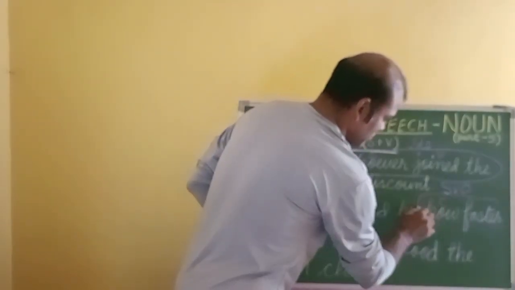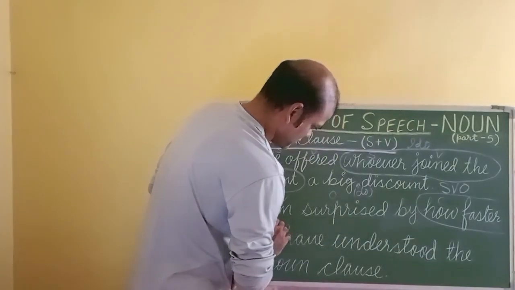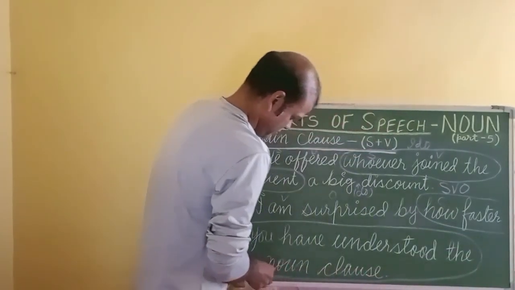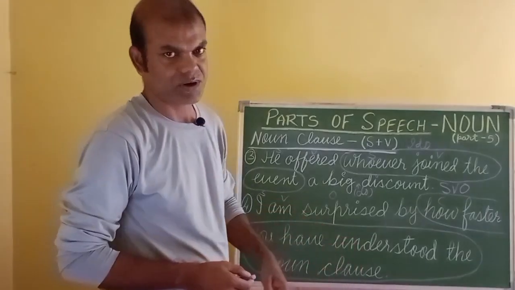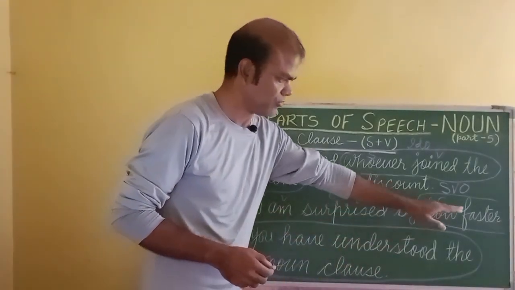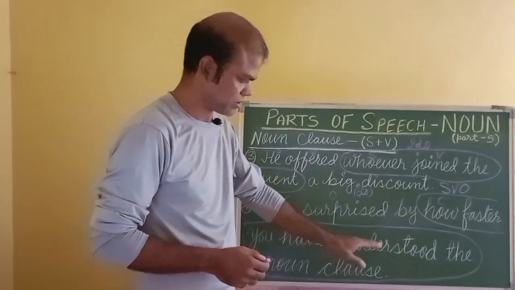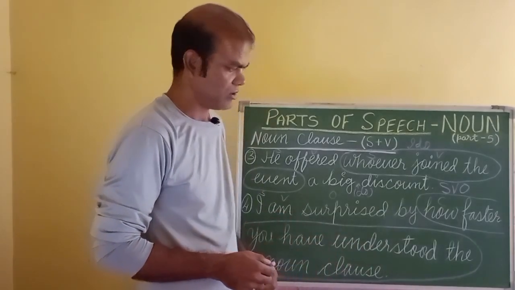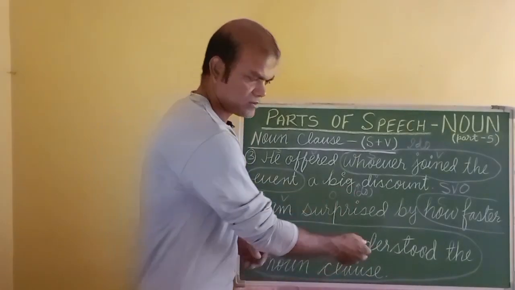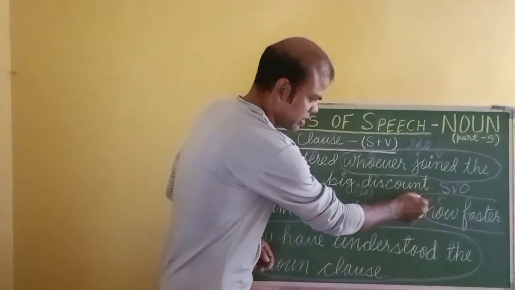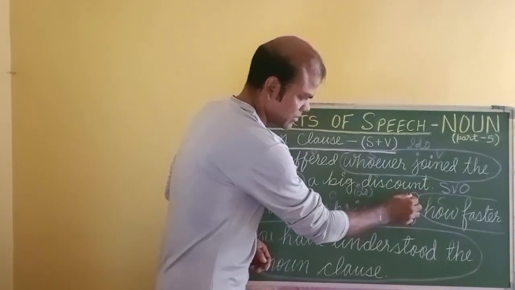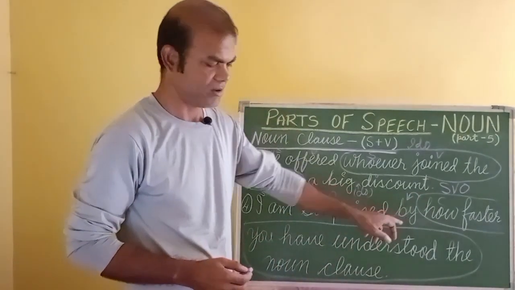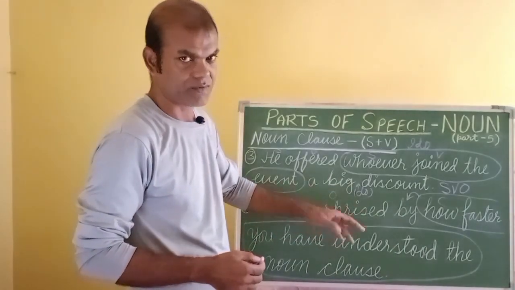Now this whole group is known as the object. How faster you have understood the noun clause. Okay, so now this noun clause, it is the object of the preposition by. I am surprised of what?